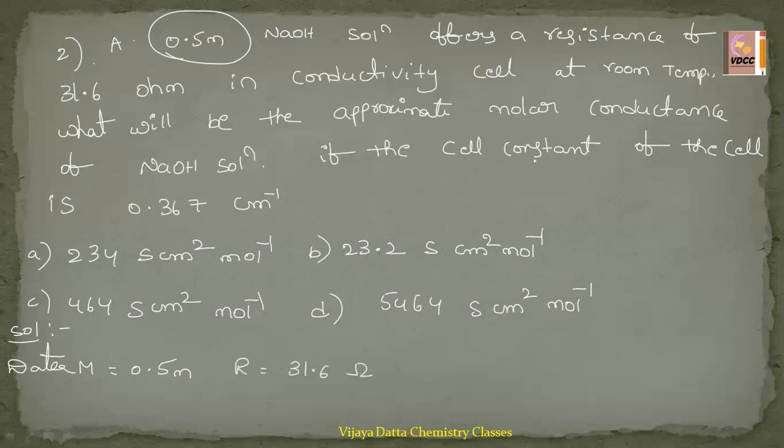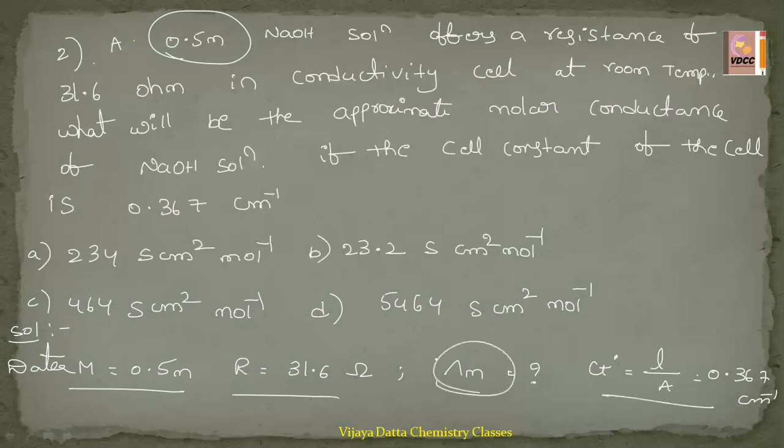He is asking for the molar conductance of the NaOH solution, and the cell constant G star, that is nothing but L by A, is 0.367 centimeter inverse. We have the molarity, the R value and the cell constant value. So what formula do we have to use?